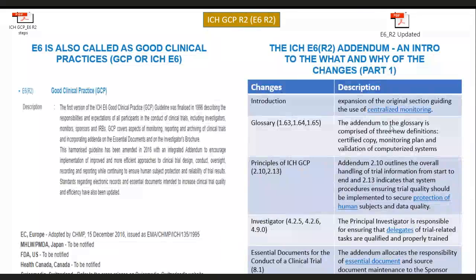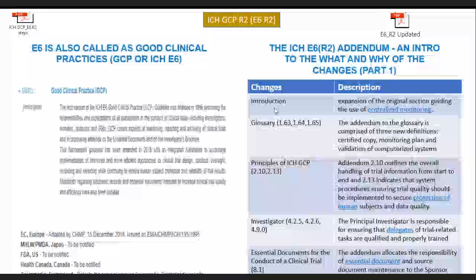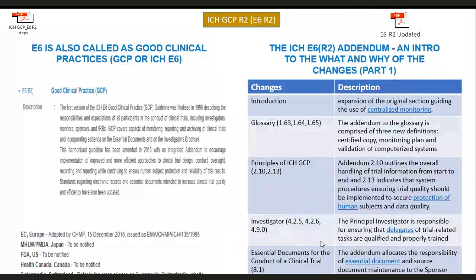I have listed them out here. So we need to understand the additions of revision 2. If you compare revision 1, E6 R1, and E6 R2, what all the changes are, we have listed out here.